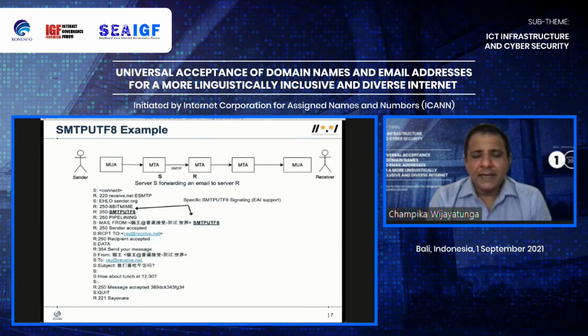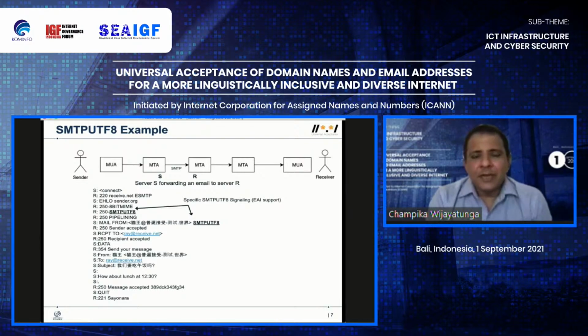Now, take the communication between two mail servers. In this case, we have put an S for sender. That means one of the servers is sending the emails, and then the other mail server, or the MTA, is receiving the email. So between these mail servers, there is some communication during the transfer of emails.